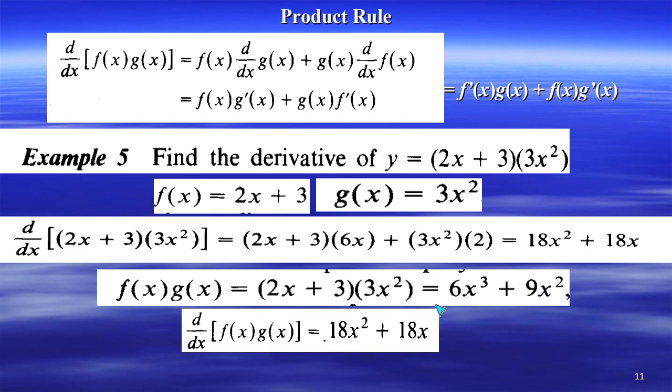When we take its derivative using the power function rule, we take the power in front and reduce the power by 1. So 3 times 6 is 18, x to the power 3 minus 1, which is 2. And 2 times 9 is 18, x to the power 2 minus 1 is 1, so x. So 18x squared plus 18x, which is the same as the result we obtained using the product rule.